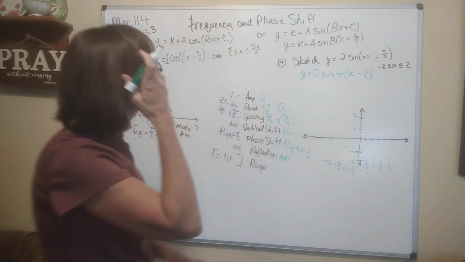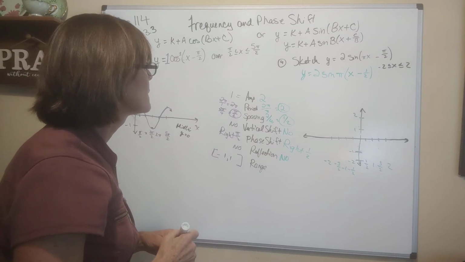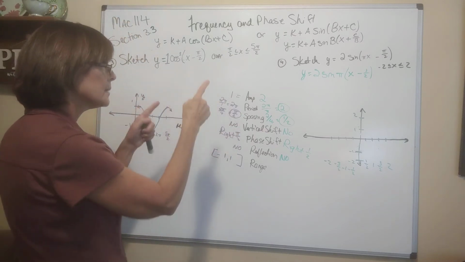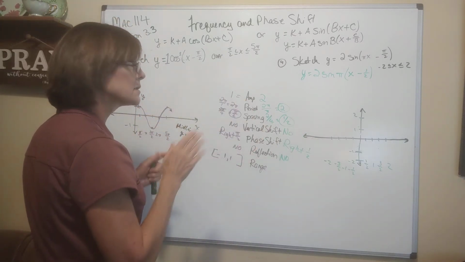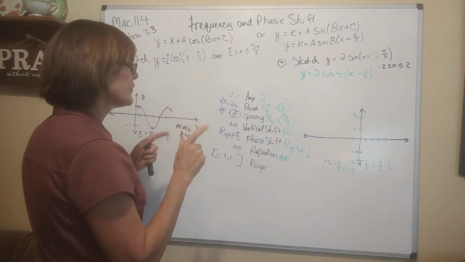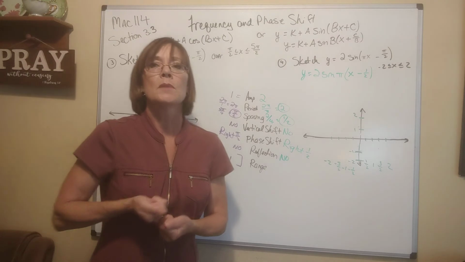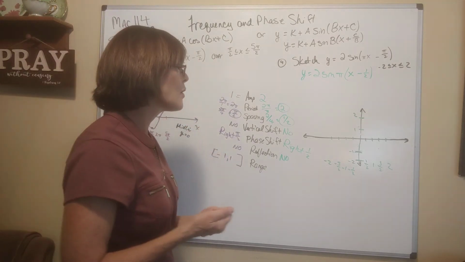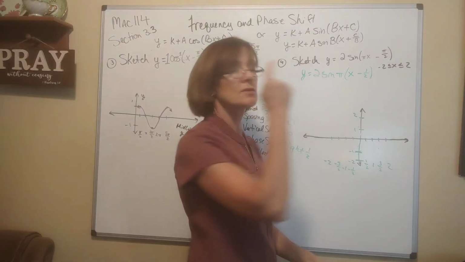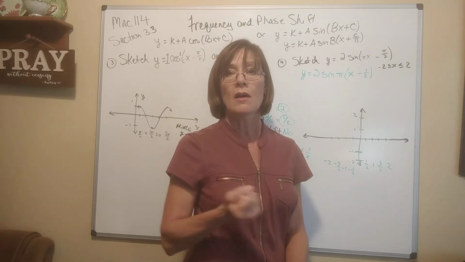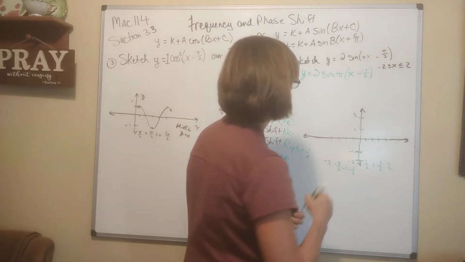Now, what else am I trying to say? Let's make sure. Got the amplitude, we got the spacing. Is there a vertical shift? No. Is there a phase shift? Yes. So that means sine normally starts in the middle at 0, but we're going to go over to 1/2, and that's where we're going to put our 0 point. So we're going to start here.